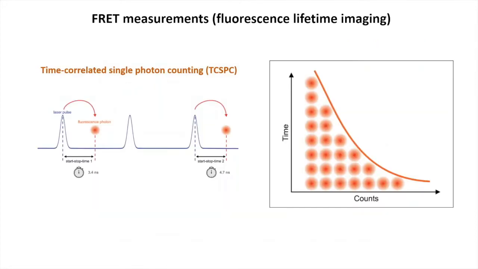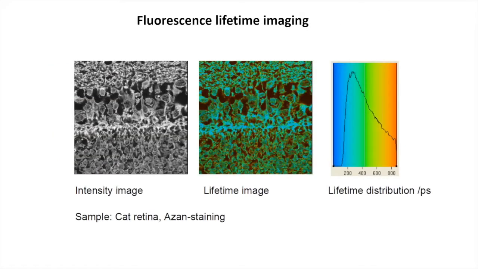The time domain, which is a little slower, is, as I mentioned, time correlated single photon counting. You use a pulsed laser, very short pulse, and then measure the time for photon arrival after your pulse. As you do that for a number of pulses, you create a lifetime histogram of fluorescence decay after the pulse. Based on that, we measure through an exponential fit the lifetime of the fluorophore, and changes in lifetime reflect environment changes of the fluorophore or protein-protein interaction.